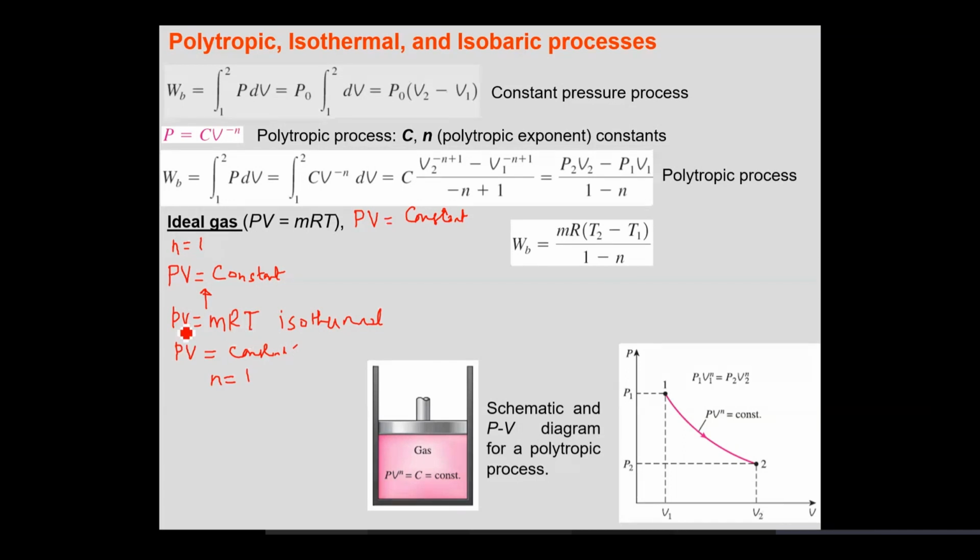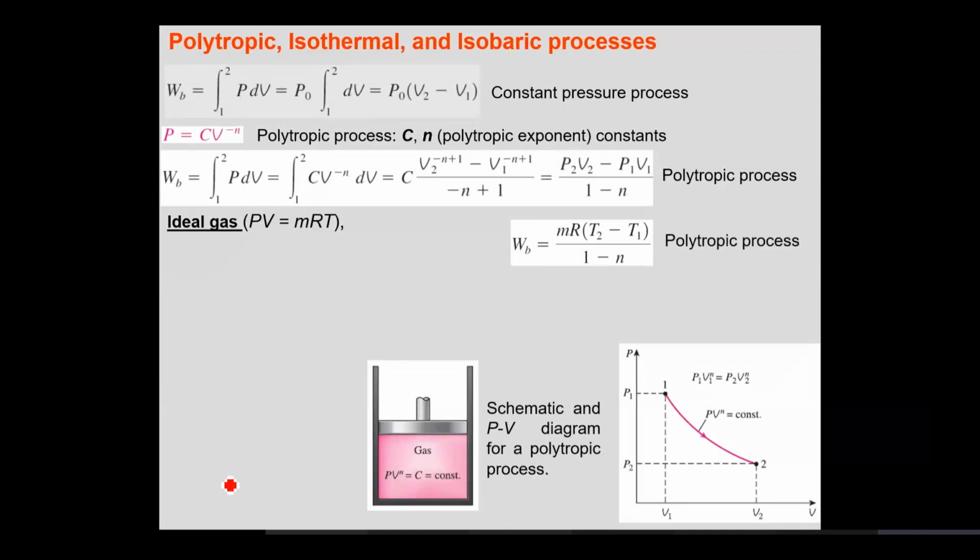All right. So this means that for an ideal gas, when n equals 1, the polytropic process is an isothermal process. That means PV equals MR T naught, where T naught is constant temperature, which is equivalent to C, or I can write this whole expression as constant.